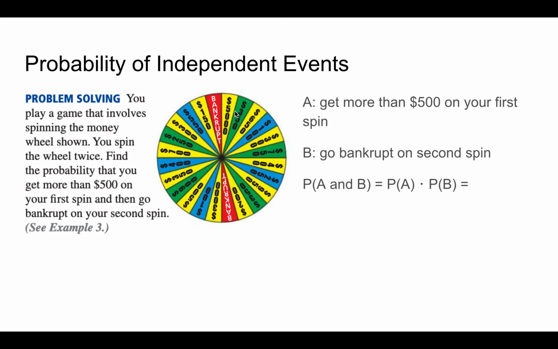So 1, 2, 3, 4, 5, 6, 7, 8, 9, 10, 11, 12, 13, 14, 15, 16, 17, 18, 19, 20, 21, 22, 23, 24. So 24 possibilities total. How many of these would result in you winning over $500?